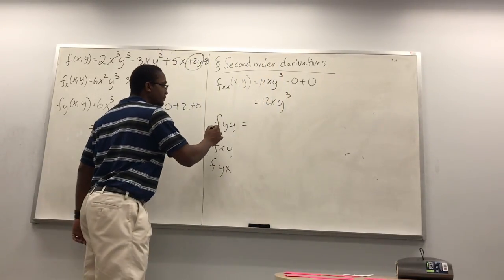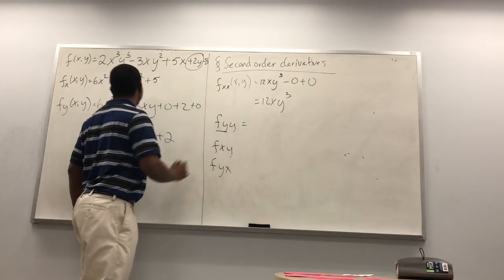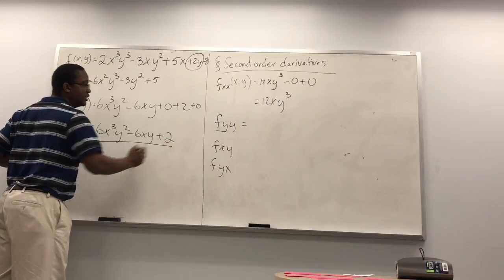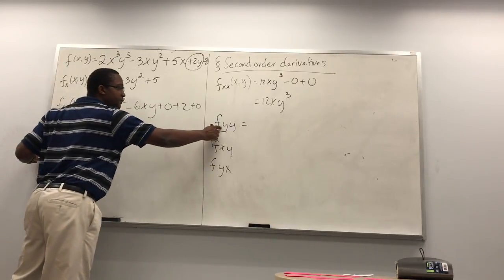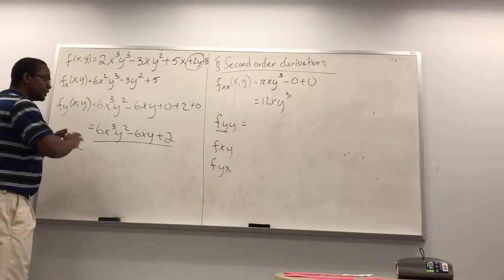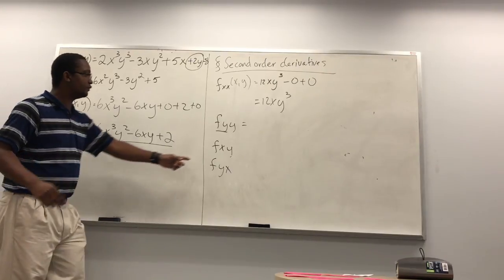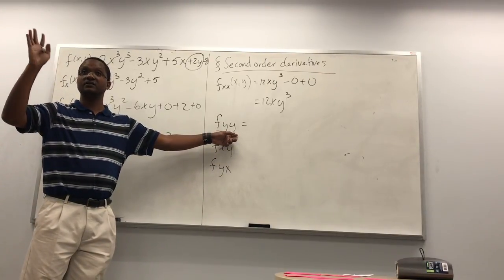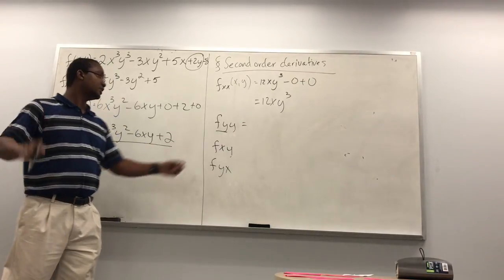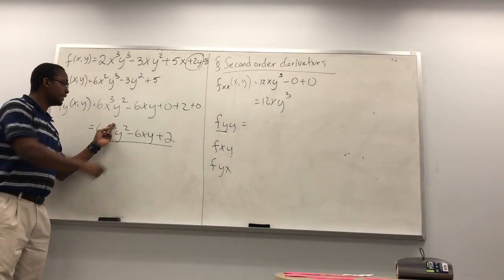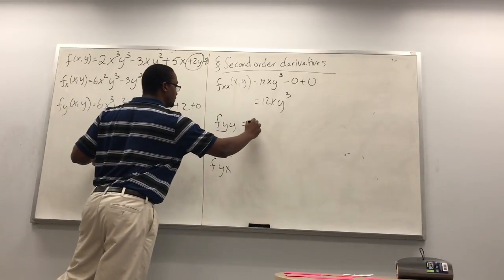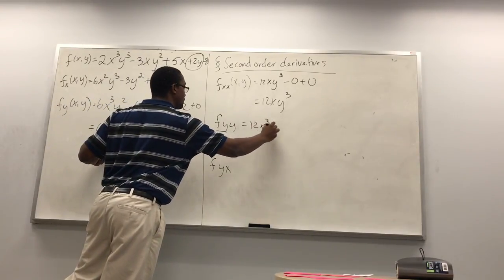So, the derivative of f with respect to y, we have the answer right here. It is this thing right here, yes? The derivative of f with respect to y. So now I have to look at this and take the derivative with respect to y again, yes? So that means x is held constant. So right here, I cover the x, 2 times 6 is 12, and so this becomes 12x cubed y.